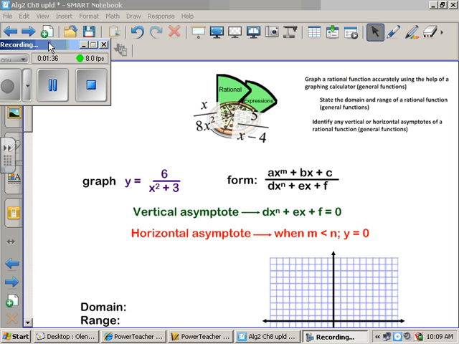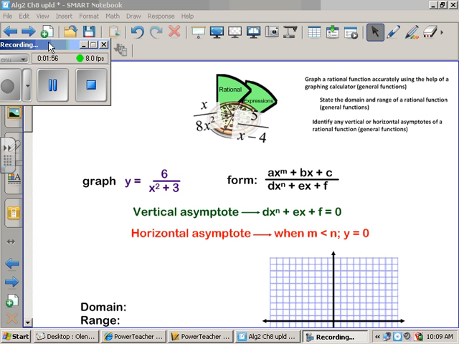Now, the horizontal asymptote is a little tricky. There are going to be 3 rules, so you might want to write those rules down as we go. The first one is when the exponent m is less than n, the exponent down here.